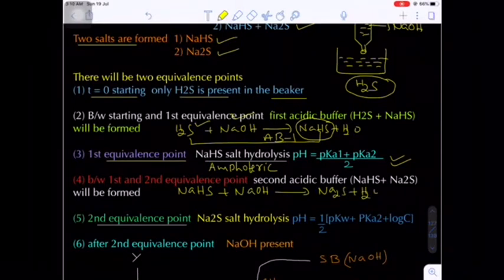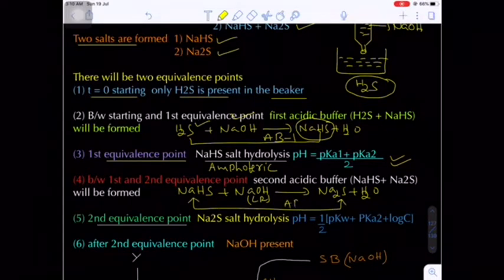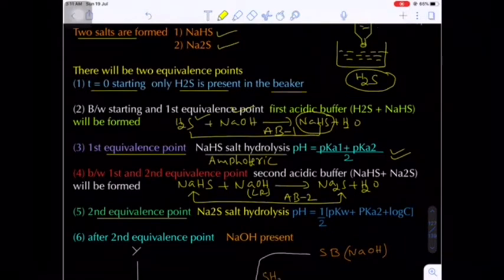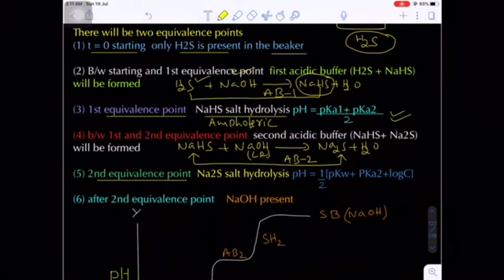NaHS will be acidic in nature because it contains an acidic proton, which may react with OH minus ions from the NaOH to form Na2S and H2O. Yes or no? So that means here again you will get the second buffer, because again the limiting reagent is NaOH, and you will have in the solution NaHS as well as Na2S. This is nothing but the acidic buffer 2.